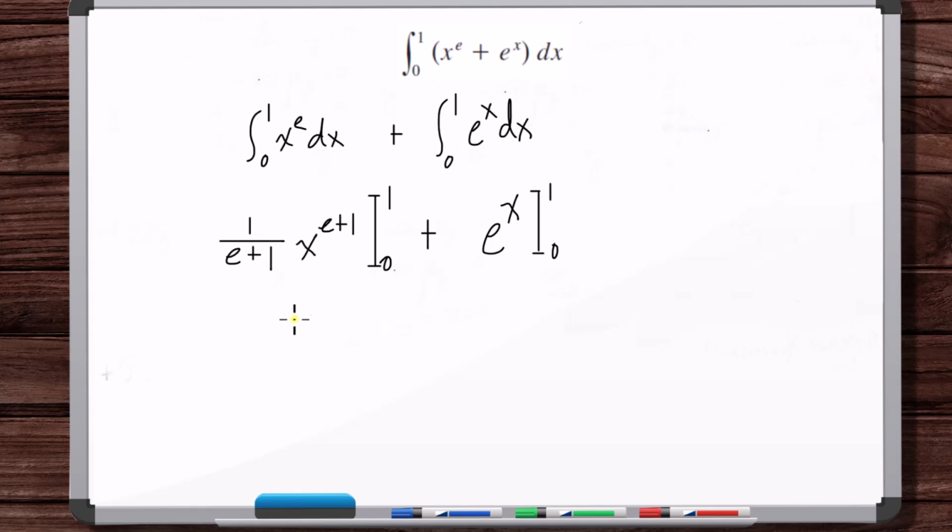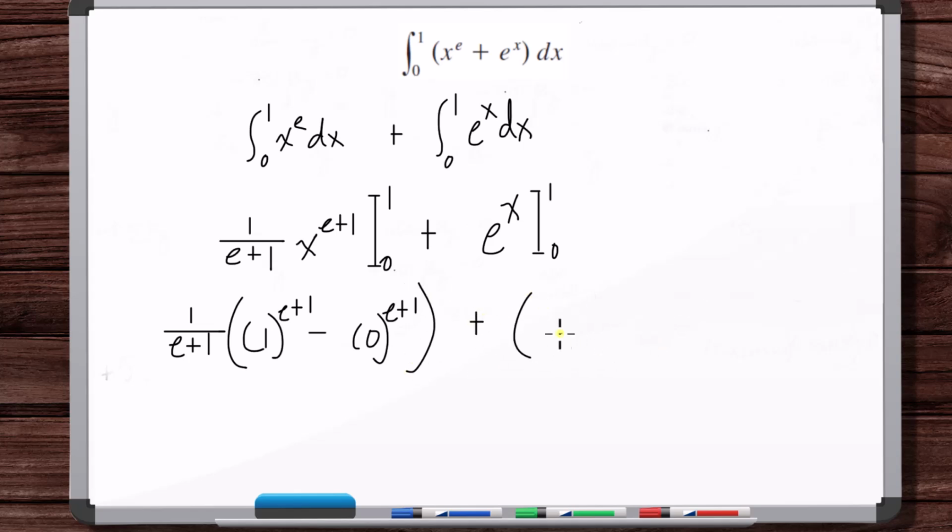All right, we can leave the 1 over e plus 1 on the outside and now just evaluate x to the e plus 1 from 1 to 0. So you've got 1 to the e plus 1 minus 0 to the e plus 1. Now you've got e to the 1 minus e to the 0.